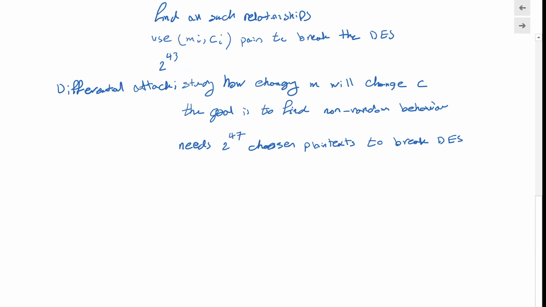As we said, we want to study how changing M would change the result. So I start with one M, and then I start to flip bits of M and observe how the corresponding ciphertext C would change.